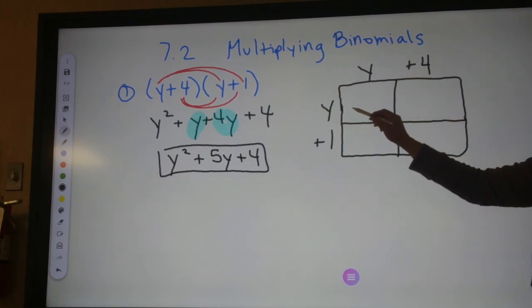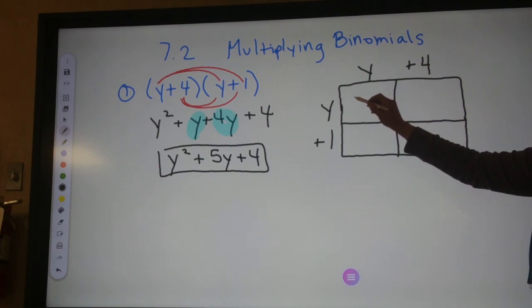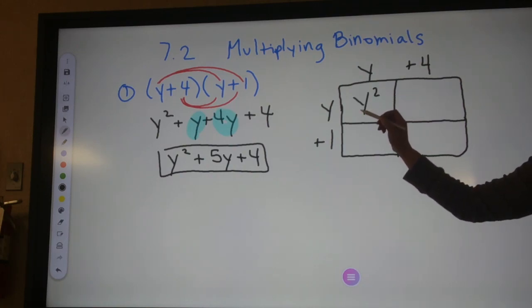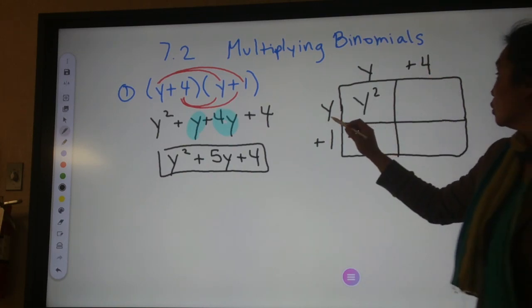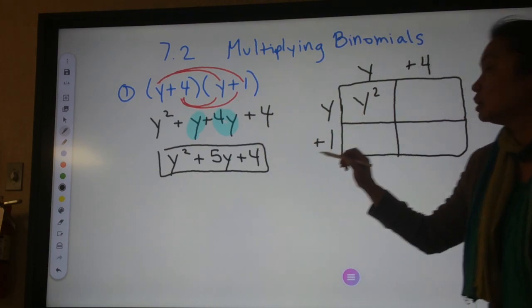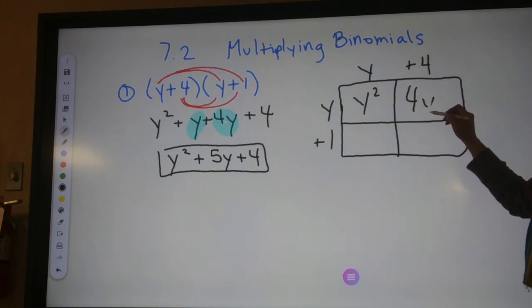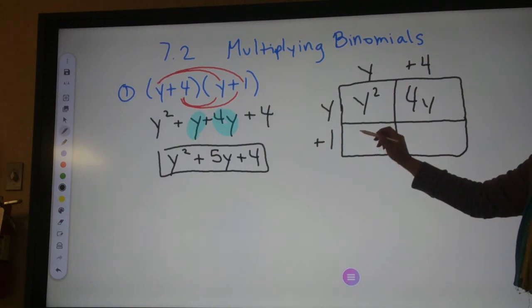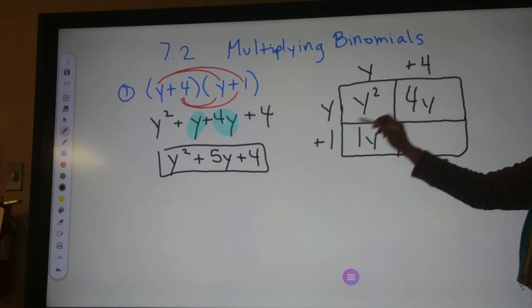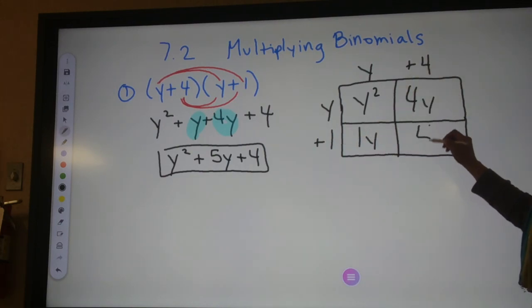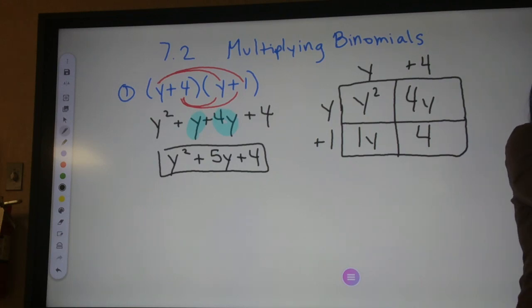Okay, now we're going to multiply it. Y times y is? Y squared. 4 times y is? 4y. Y times 1 is? 1y. 4 times 1 is? 4. Okay, watch how you collect like terms.